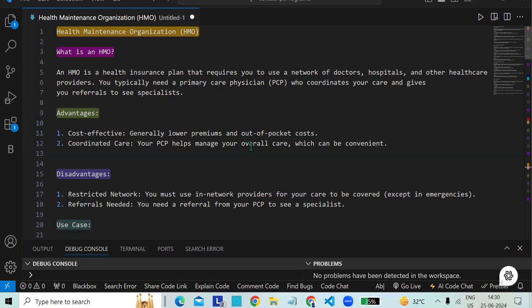For example, consider a PCP doctor. The PCP doctor will have to give a referral: you have to go to this hospital and meet this specialized doctor. He or she has to give the referral so that the person can go to the required hospital. So in an HMO plan, you require the primary care physician's referral.